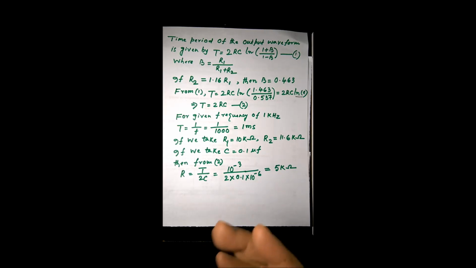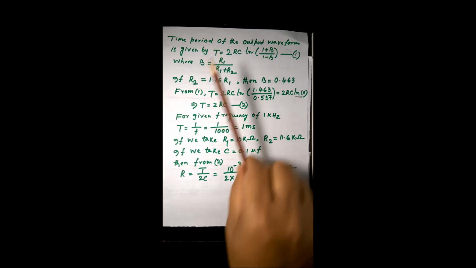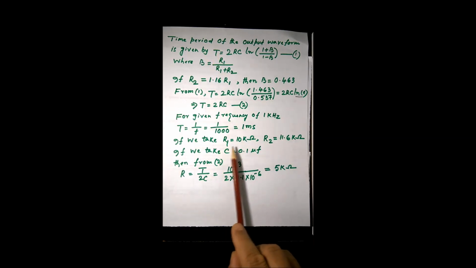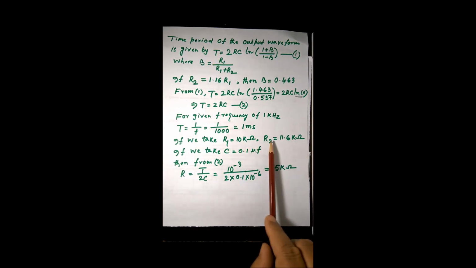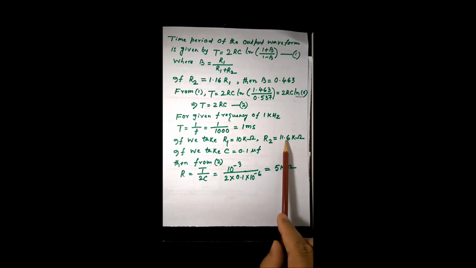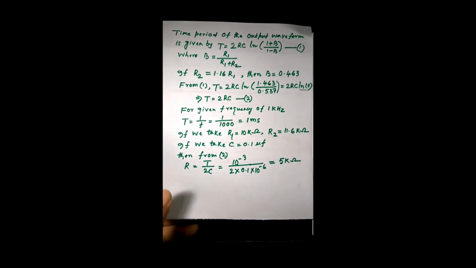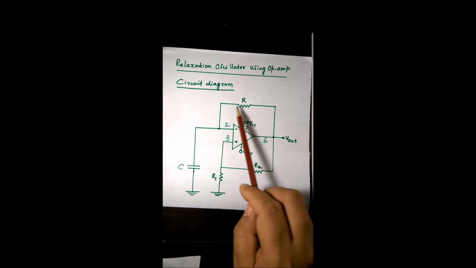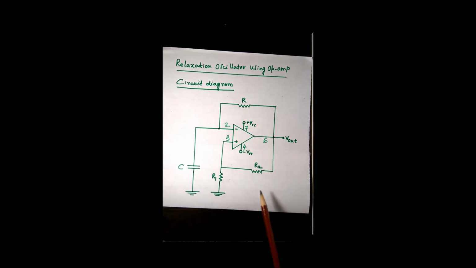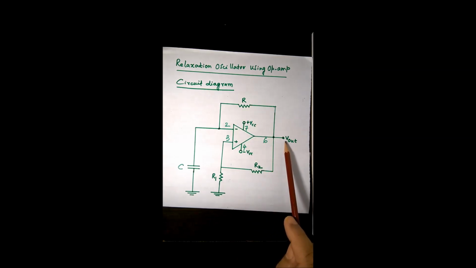Therefore from these calculations we come to that R1 is equal to 10 kilo ohm, R2 is equal to 11.6 kilo ohm, R is equal to 5 kilo ohm, and C is equal to 0.1 microfarad, and that has to be connected accordingly as shown in the circuit. Then we'll get an output waveform from pin number 6 of the frequency of 1 kilohertz.